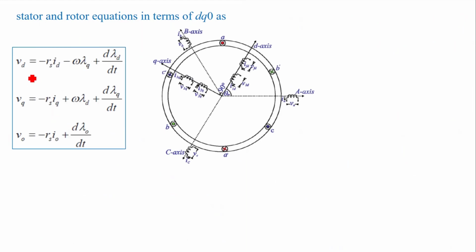VD will become equal to minus RS ID minus omega lambda Q plus d lambda d by dt. Then VQ will become minus RS IQ plus omega lambda d plus d lambda Q by dt. VO equal to minus RS IO plus d by dt of lambda O.